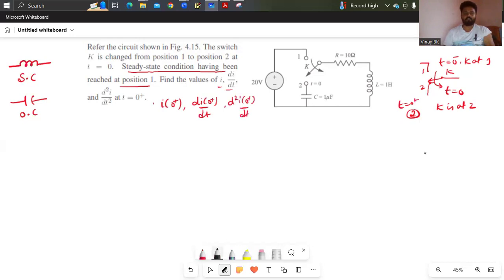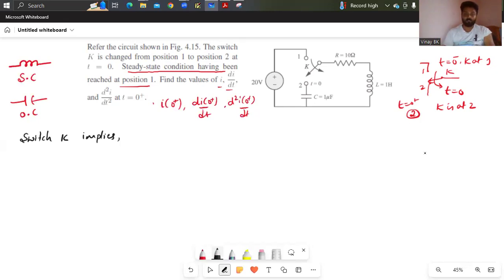Before that, let's write about switch. Switch K implies that you need to write the positions before closing or else after switching.